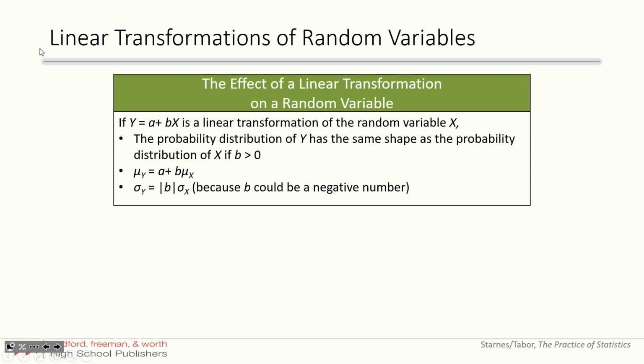So we know that the mean is affected by what you multiply by and by what you add. On the other hand, the standard deviation is only affected by what you multiply by. But we also know the shape doesn't change no matter what you do, whether adding, subtracting, multiplying, or dividing. So that tells us about shape, center, and spread, right?